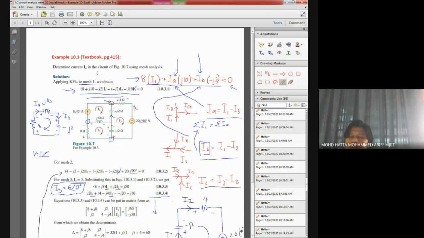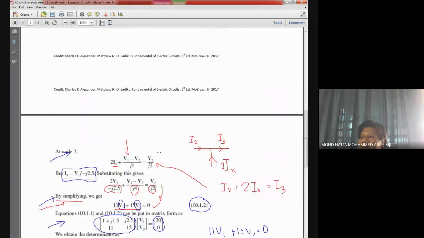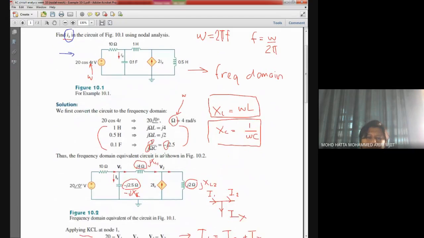So based on my suggestion, please revise back example 10.3 as well as example 10.1 over here. This is a basic nodal as well as mesh analysis for you to get familiar with complex numbers involved in our circuit calculation.